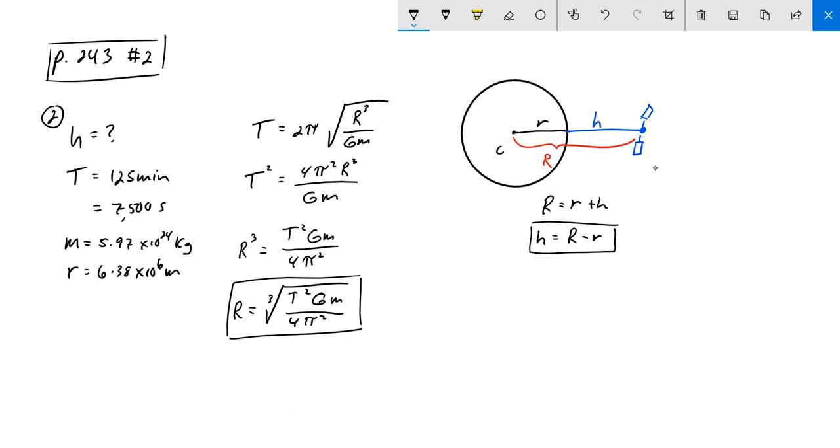So the first step is to find big R, which is the red R over here, and then I'll take the radius of the planet away from that, and I have my altitude.